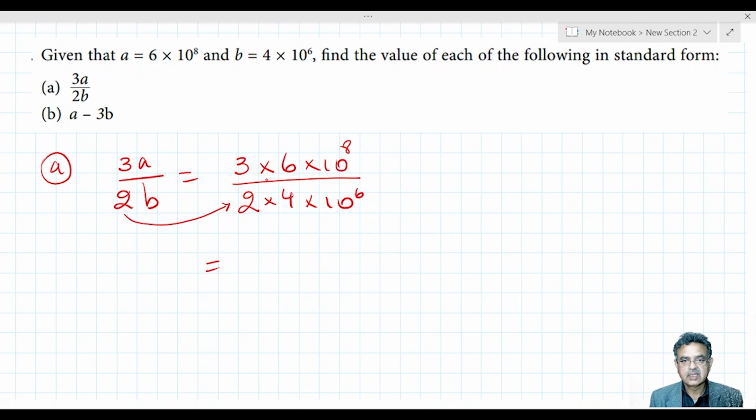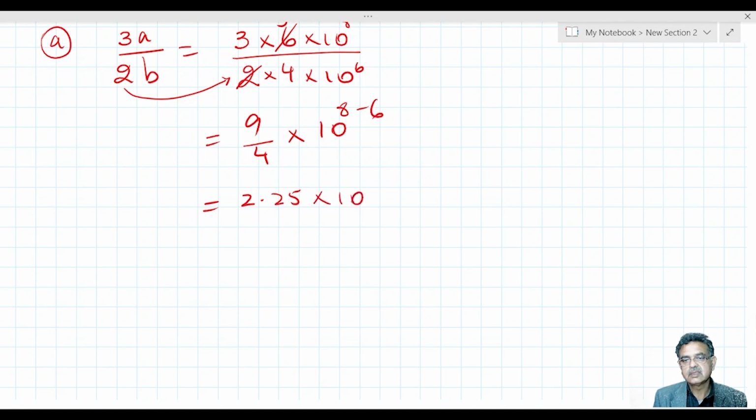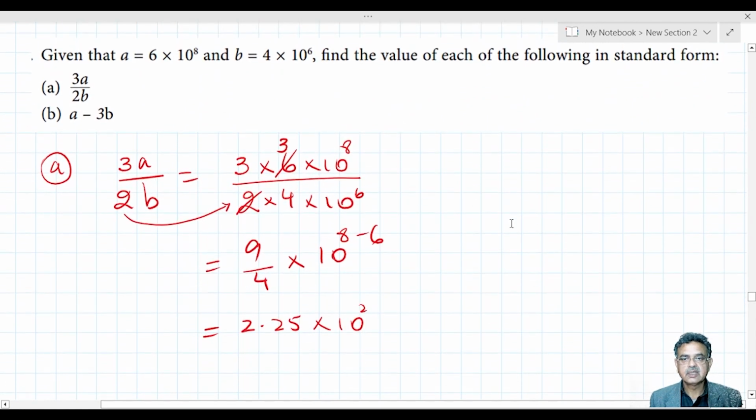So it is possible to simplify 2 with this number 3. 3 3s are 9 upon 4 multiplied by 10 raised to the power 8 minus 6. 9 over 4, if we divide it, it will be 2.25 multiplied by 10 to the power 2. That is the answer for part A.